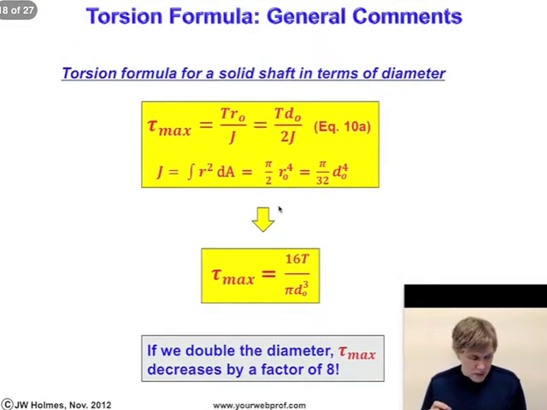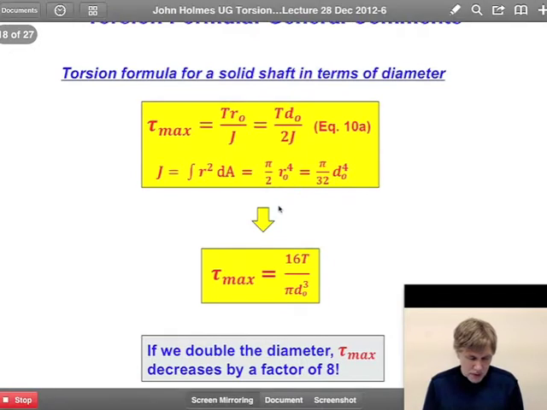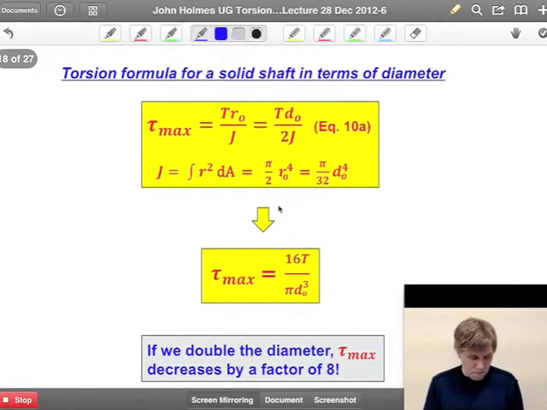Now, just so we can gain more insight in terms of what's going on under torsional loading, let's express for the solid circular shaft the torsion formula in terms of diameter. We just substitute in that the radius is diameter divided by 2, which I've done here.